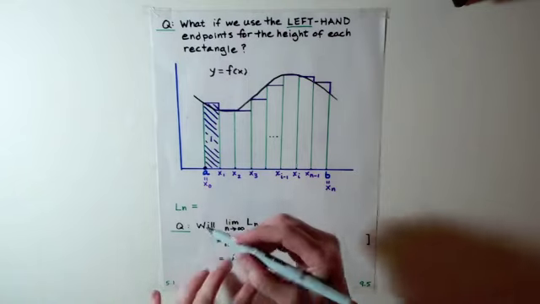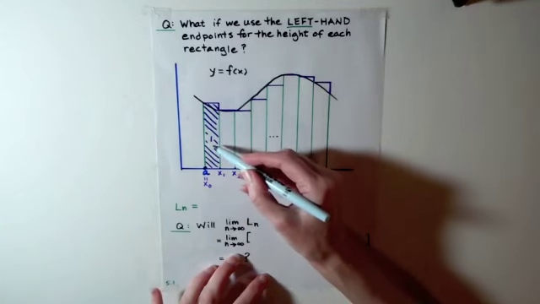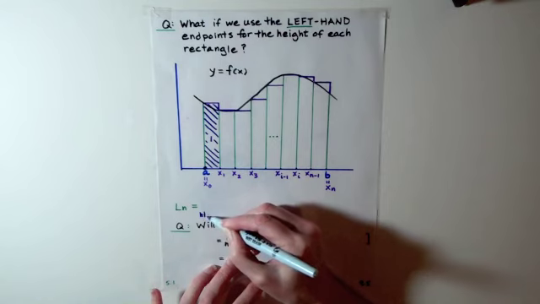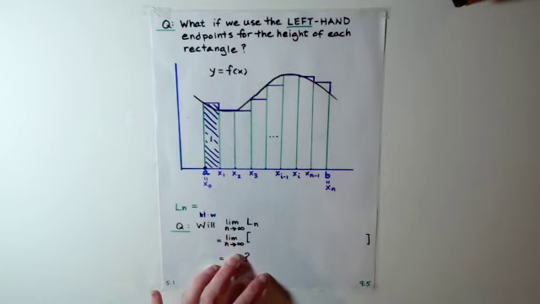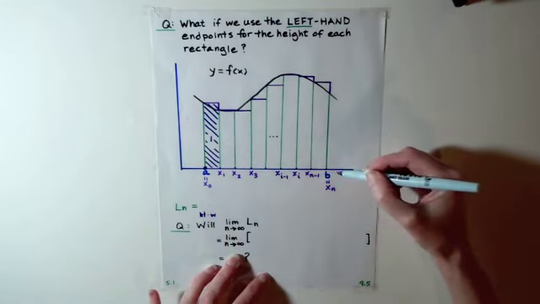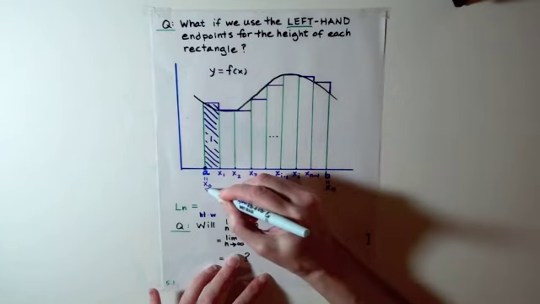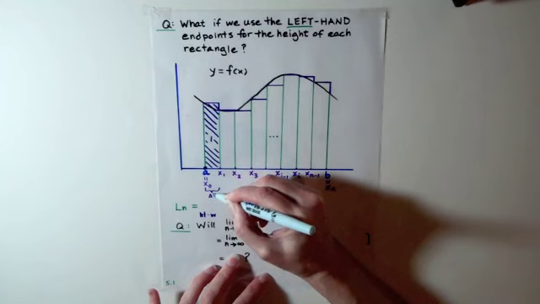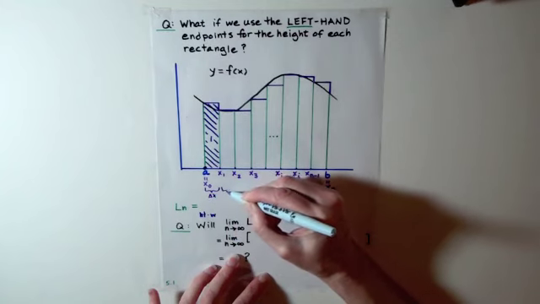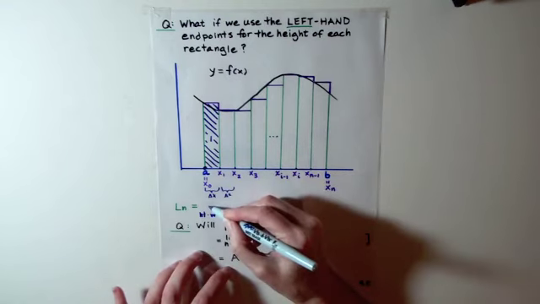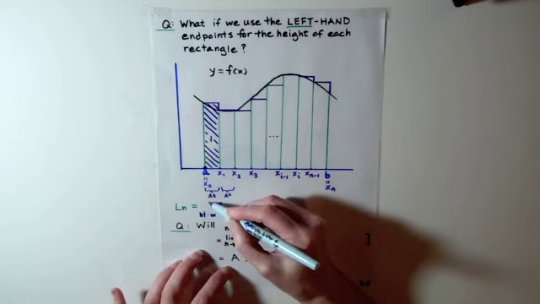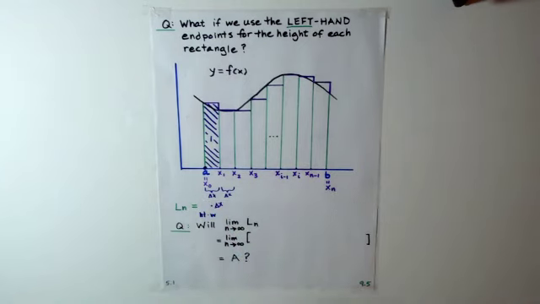Okay, well, let's go ahead and try it together. I'm going to look at this first rectangle right here, and I need its height times its width. The width of all of these is exactly the same width that we had before. So the width of each of these subintervals is still equal to delta x, and that's true for all n subintervals. But I have to multiply by the height. So how do I figure out the height?